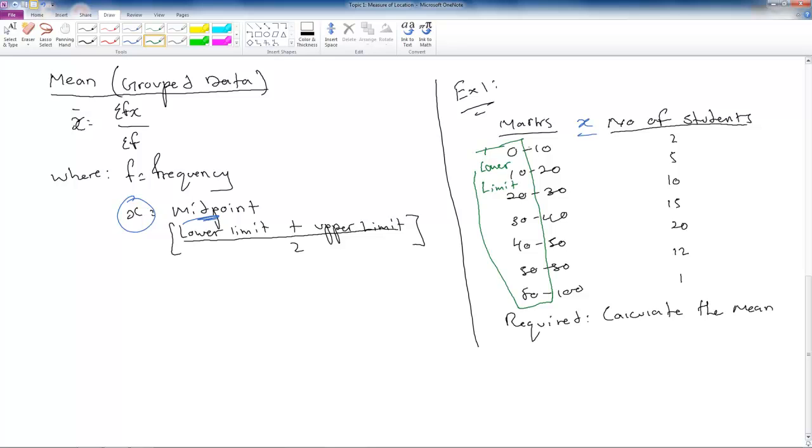Whatever is on your right hand side, we call the upper limit. Are we okay with that? So let us start.